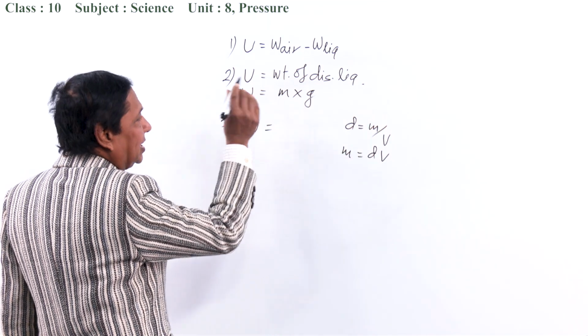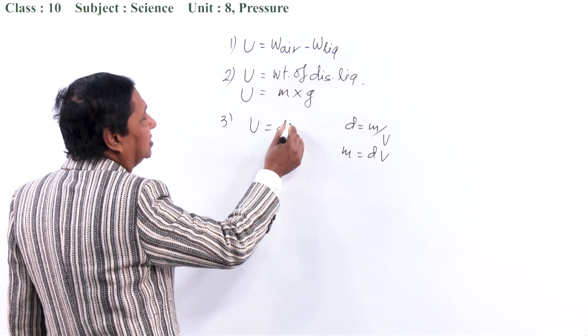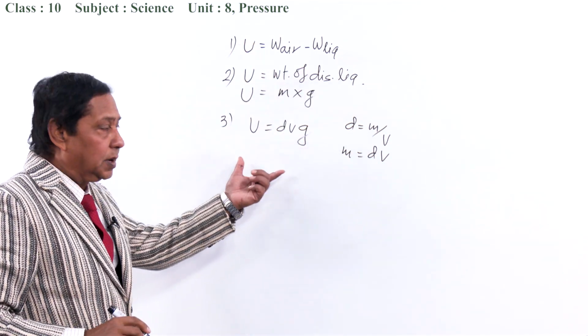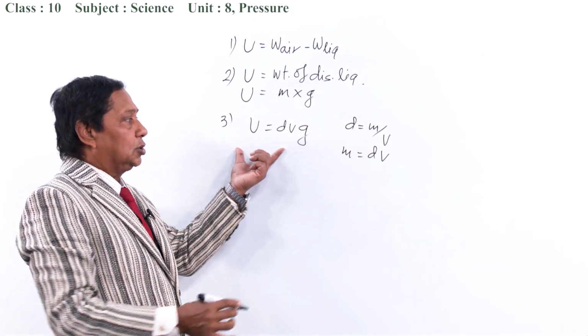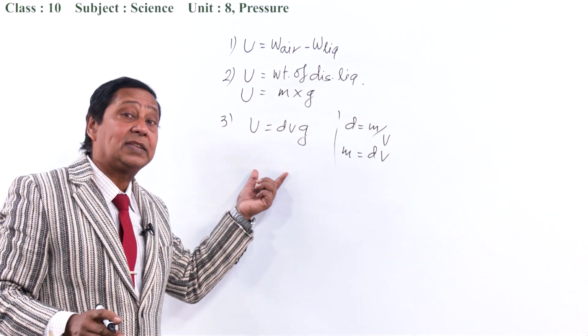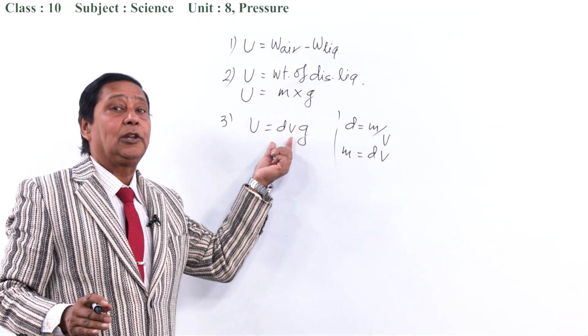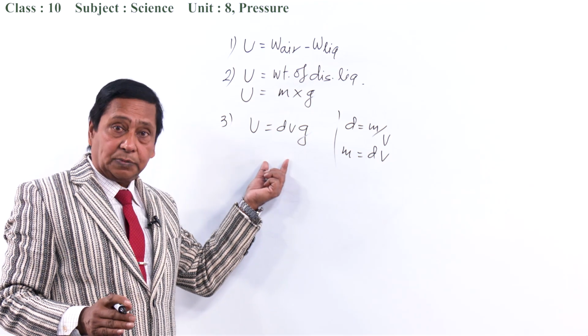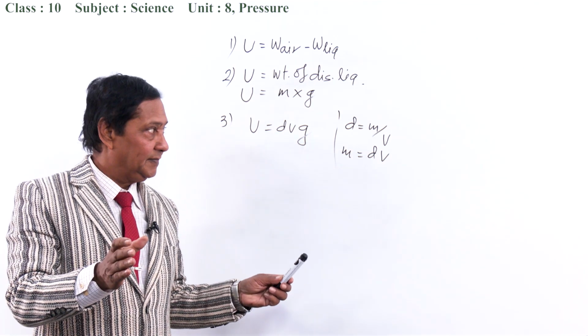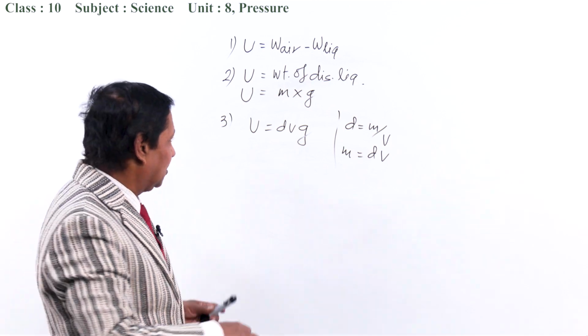So, in place of mass, we can write dV. And this is another equation, the third equation, which can be used to solve the numerical problem. If we have the density of the liquid and the volume of the liquid displaced, then we can calculate the thrust acting on that body. Okay, let's have another also.